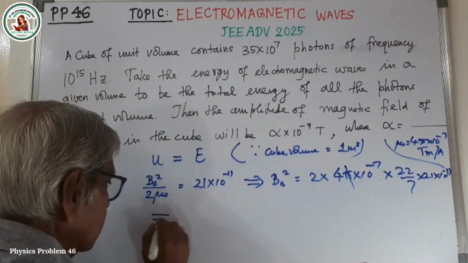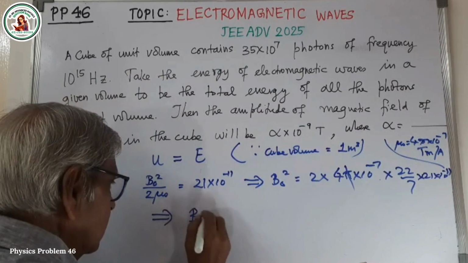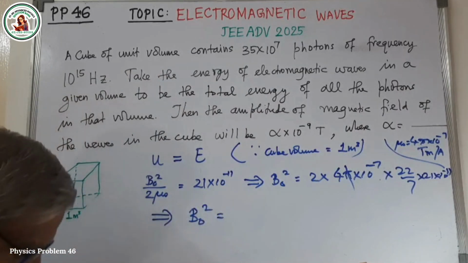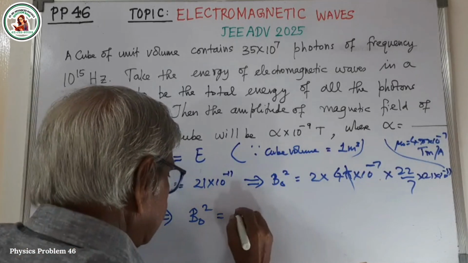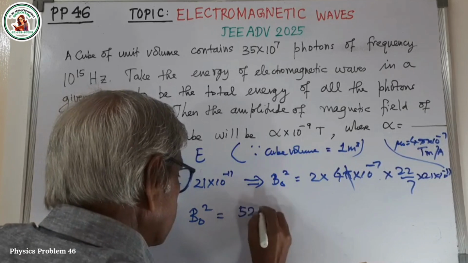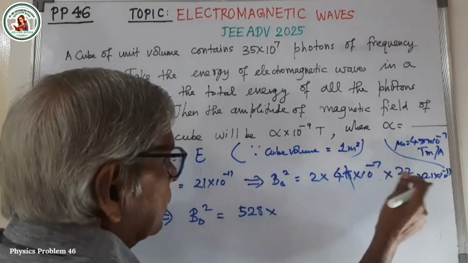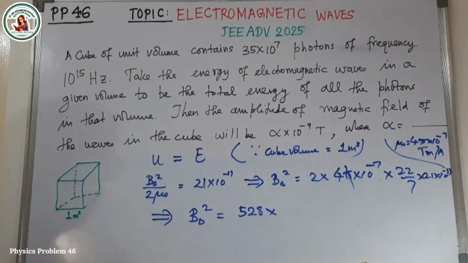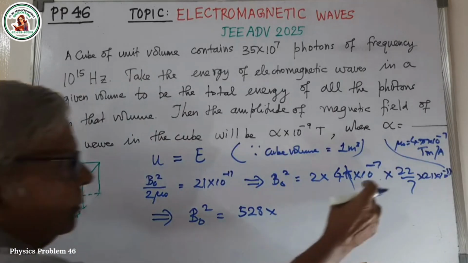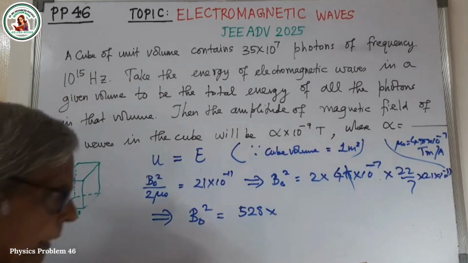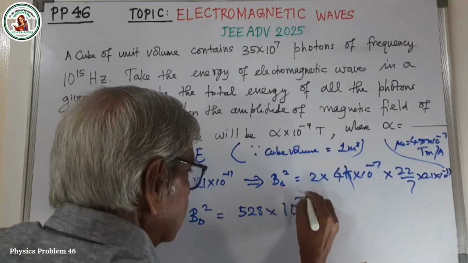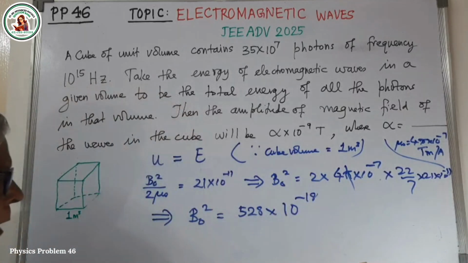This implies B naught square is equal to, the numerical value you get, 528, because this product is 3 times 66 into 8, into 10 minus 18. Square root of that will be the required answer.